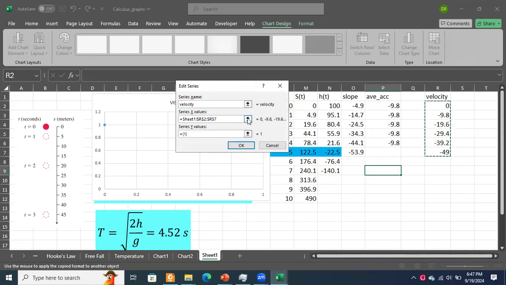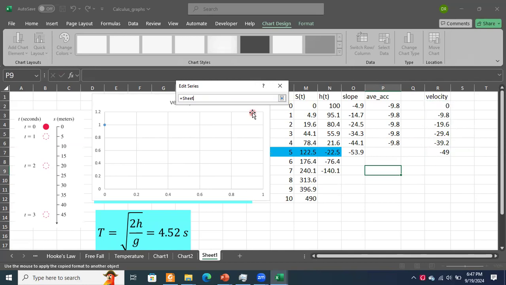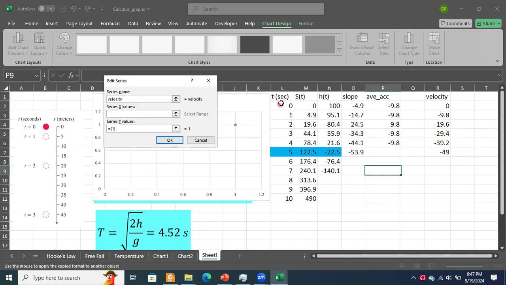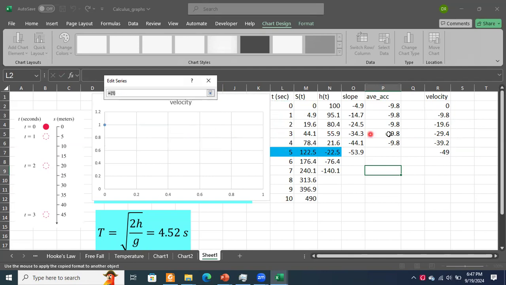Now, time values first for the x coordinate of the point, and the ordinates we selected from velocity.